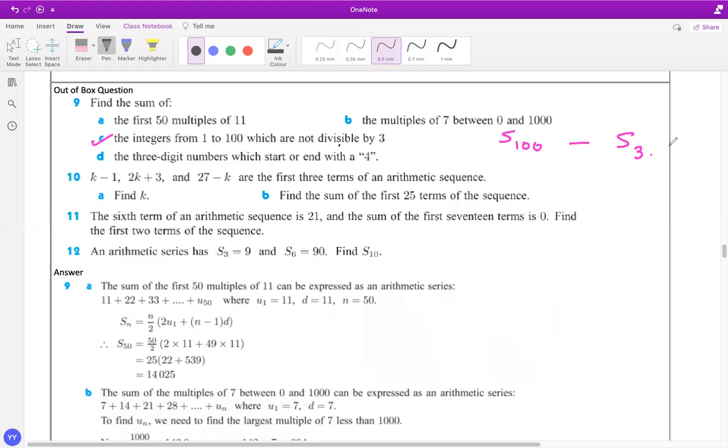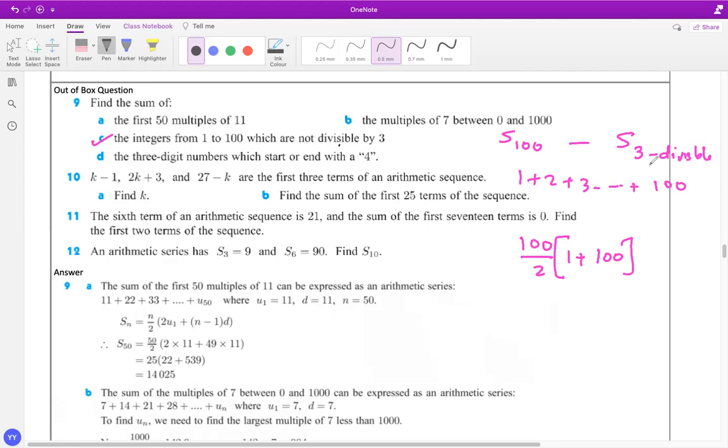The sum of 100 terms, 1 plus 2 plus 3 and so on until 100, is a pretty easy task. It'll be 100 upon 2, there are 100 terms, first term is 1 and last term is 100. So you can get the sum easily.